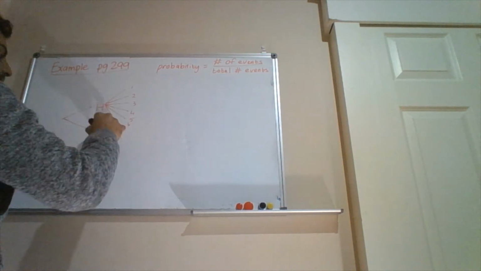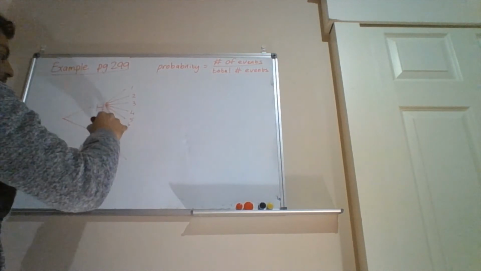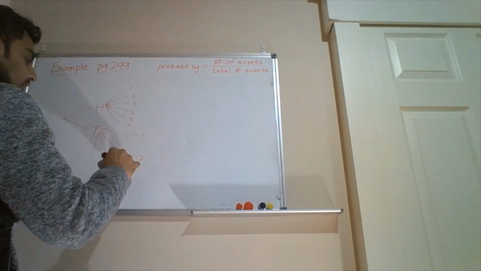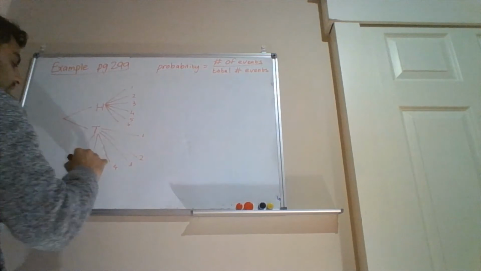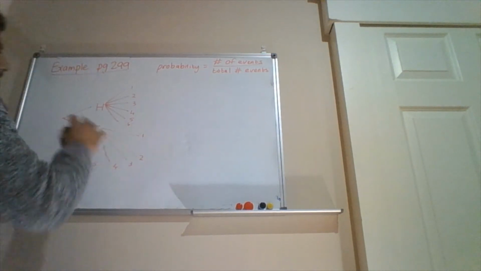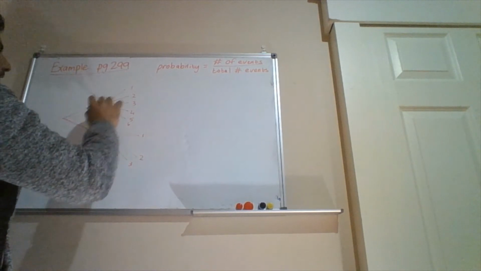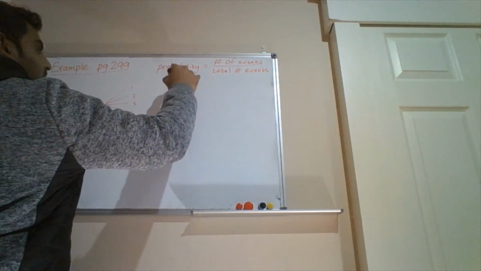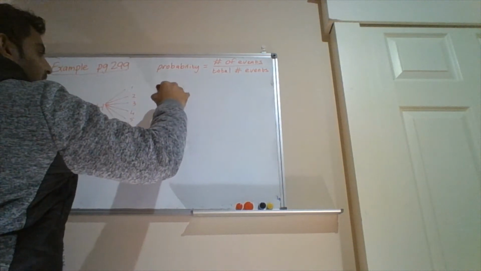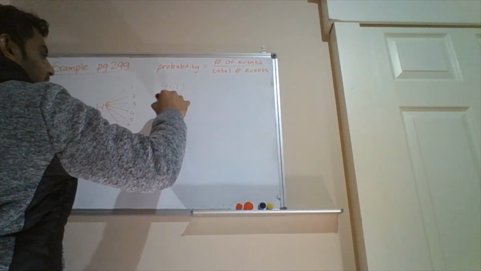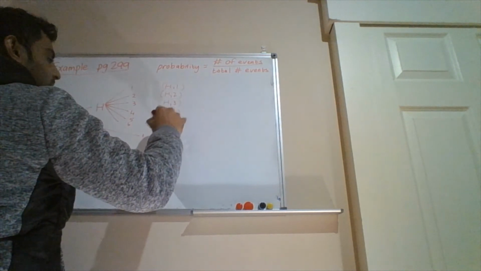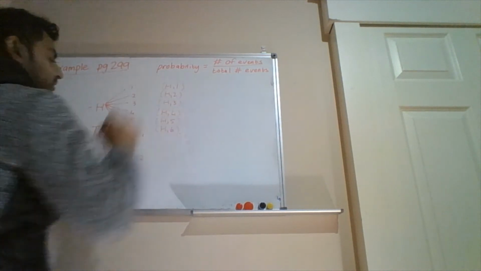And here as well, you get 1, 2, 3, 4, 5, or 6. So if we follow the branches of this tree, we get heads and 1, heads and 2, heads and 3, heads 4, heads 5, heads and 6.